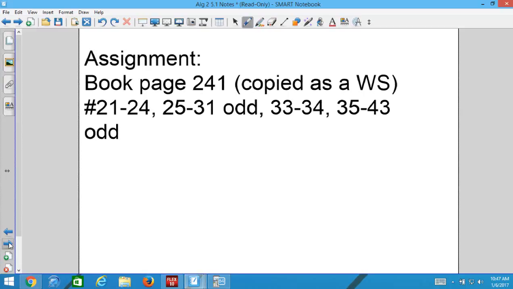Can you take this and switch it so it has an exponent instead of a radical? The exponent fraction is a number over a number. Which number is the bottom number? Why is that one the bottom number?